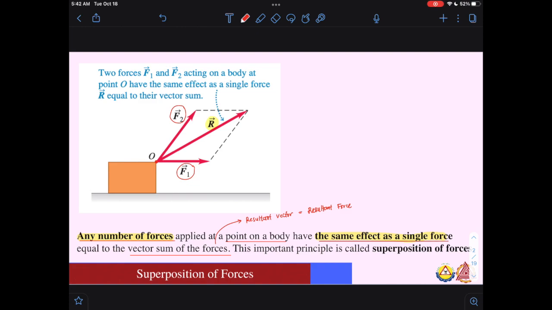The same effect as though a single force is acting, as long as that single force is the resultant vector or the resultant force of all the forces acting. So this is very important in the analysis of physics problems.